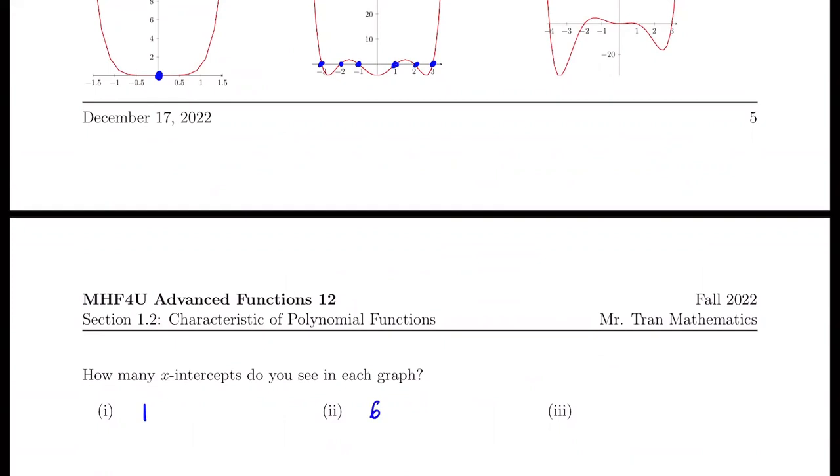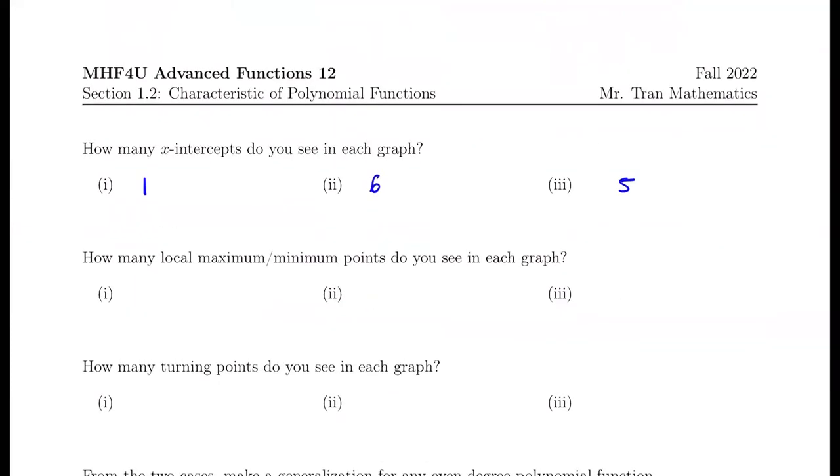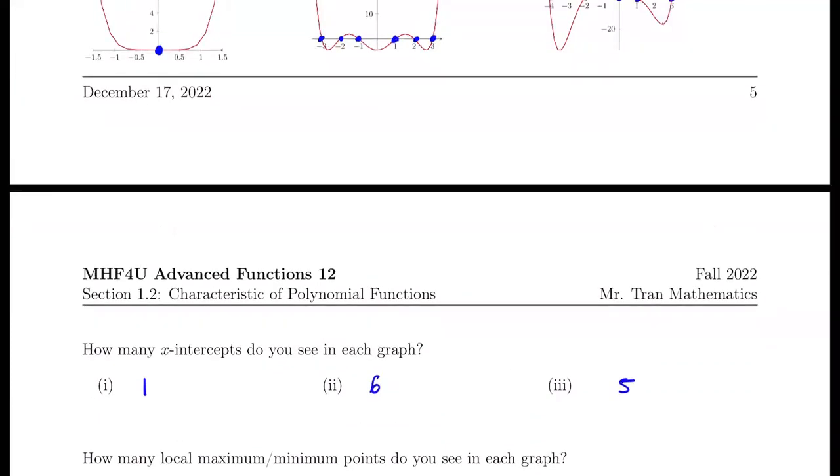And then for the third one, we have 1, we have 2, we have 3. There's 1 over here as well. There's 4, and then there's 5. So we have 5 x-intercepts. All right.